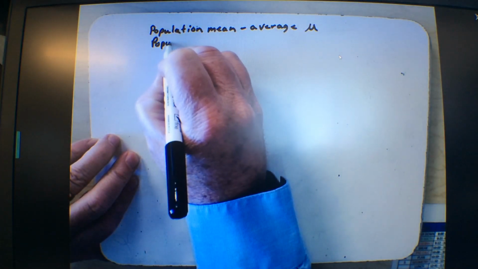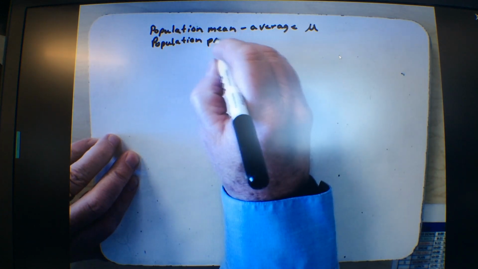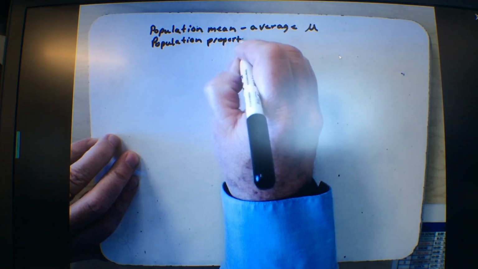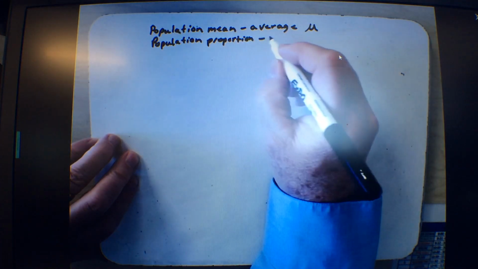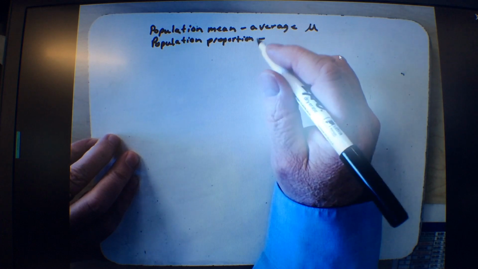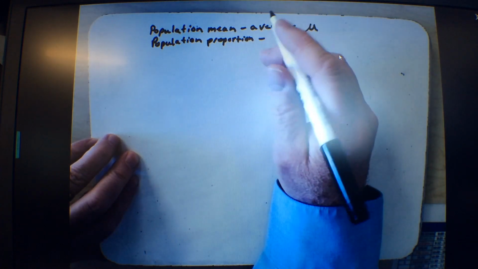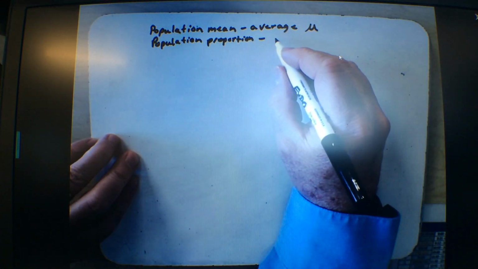We're also going to discuss this. It's called population proportion. It is another parameter, which is the number of members in the population sharing a particular attribute divided by the number of members in the population. So this is actually a fraction.